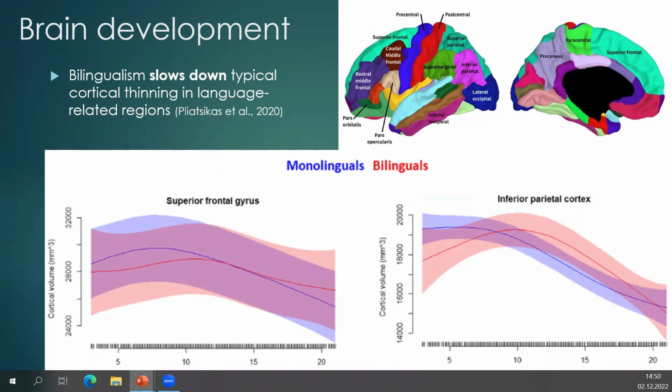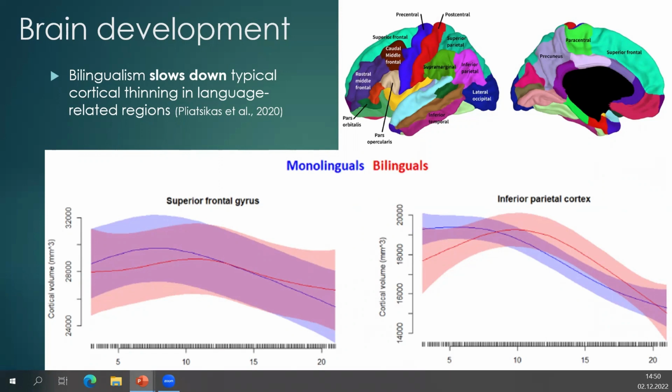And that was in line with related regions. So we looked at the entire cortex and have some examples here. So what you see here is the age of the participants, and then you have the volume of the superior frontal region. Okay.